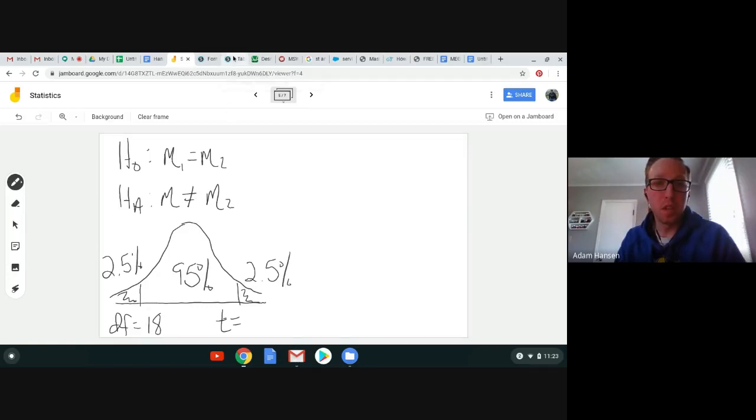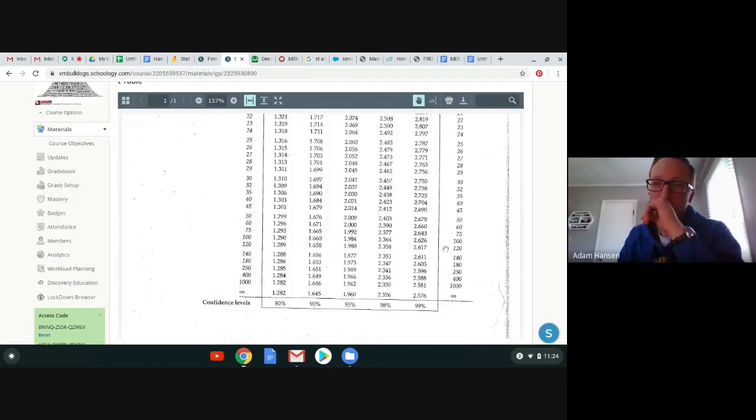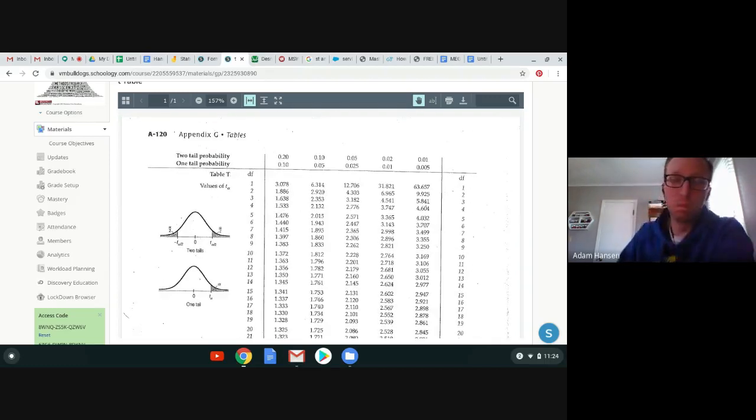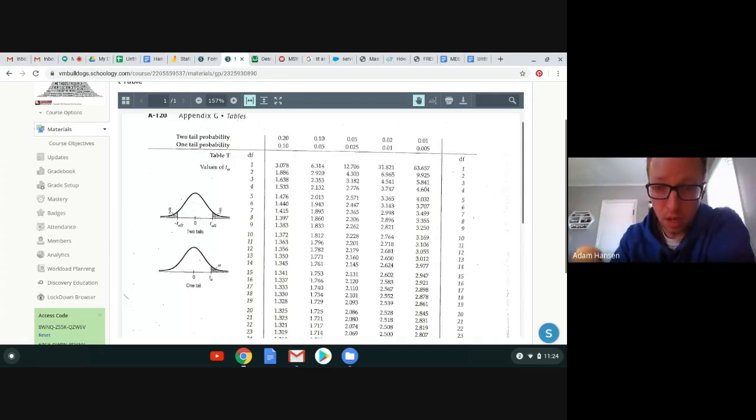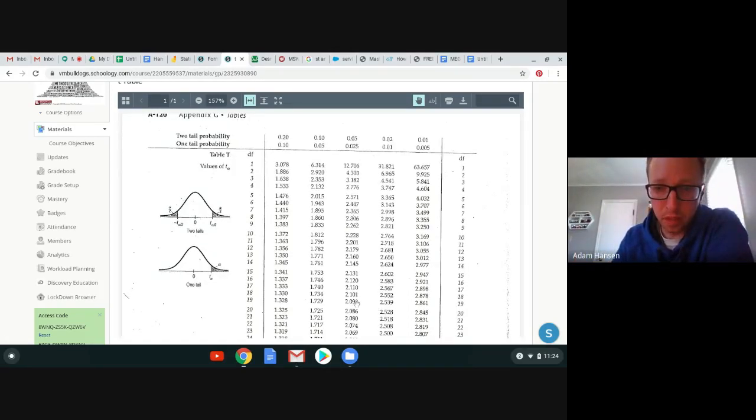So on our t-table, we'll be in the middle column because I'm using a two-tailed test at the 5% significance level. 18 degrees of freedom gives me a t-score of 2.101.